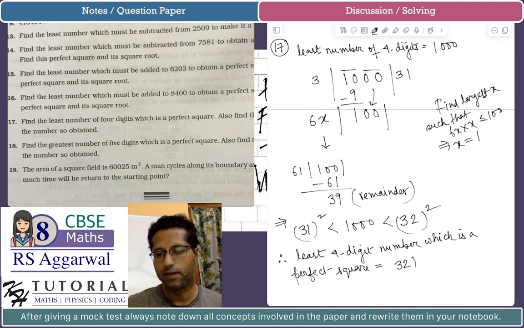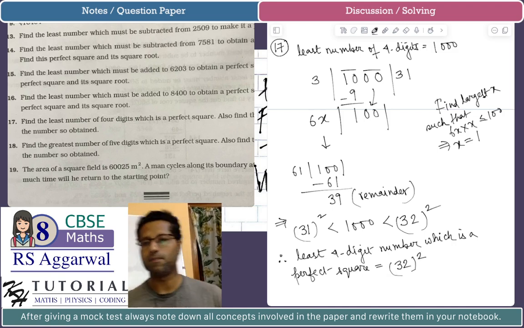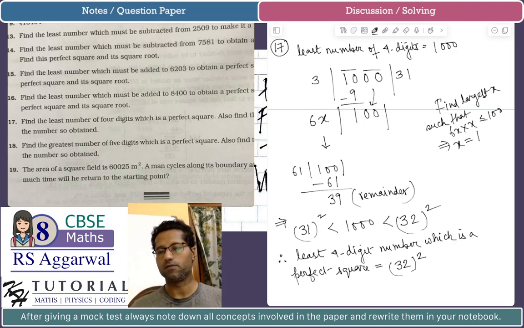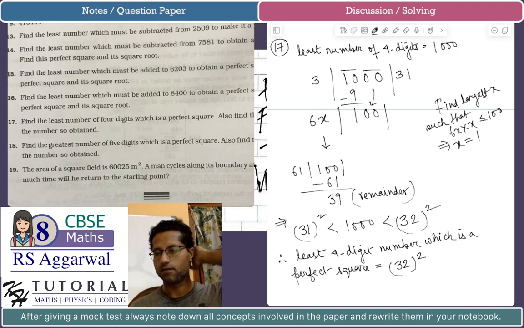Where did we get 32? Because 32 is 1 plus the final quotient after the long division method. After long division of 1000, we get the final quotient as 31. So 31 plus 1 is 32, and 32 whole square will be the least four-digit number which is a perfect square.